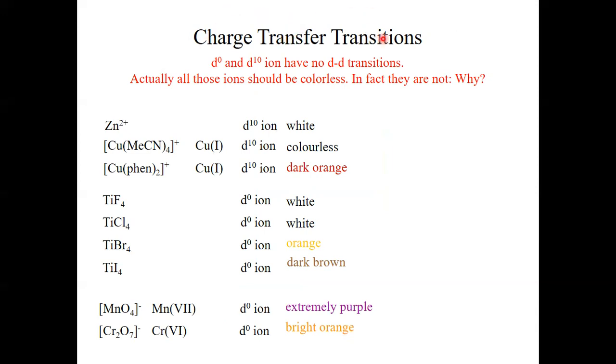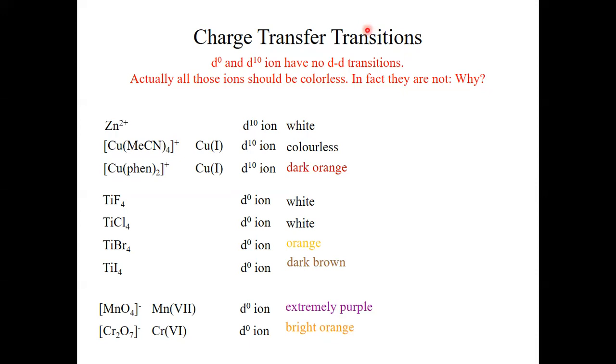So thus far, we have only considered electron transitions between the d orbitals, which are called dd transitions. So from a t2g to an eg orbital. But there are other transitions possible, which are not dd transitions, and they are called charge transfer transitions.